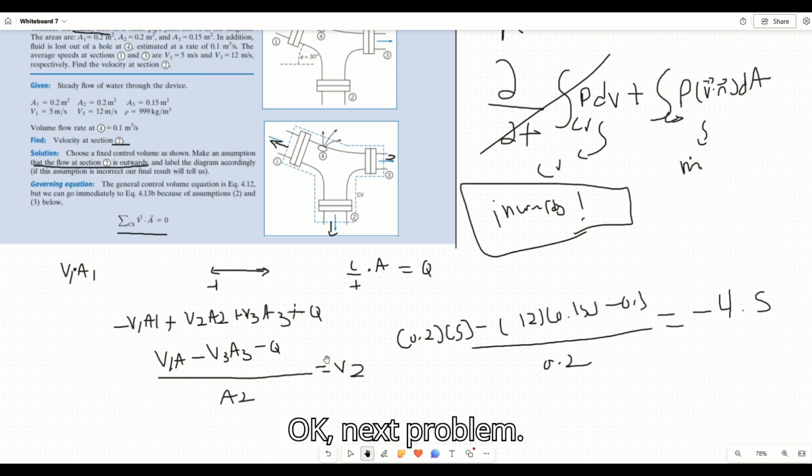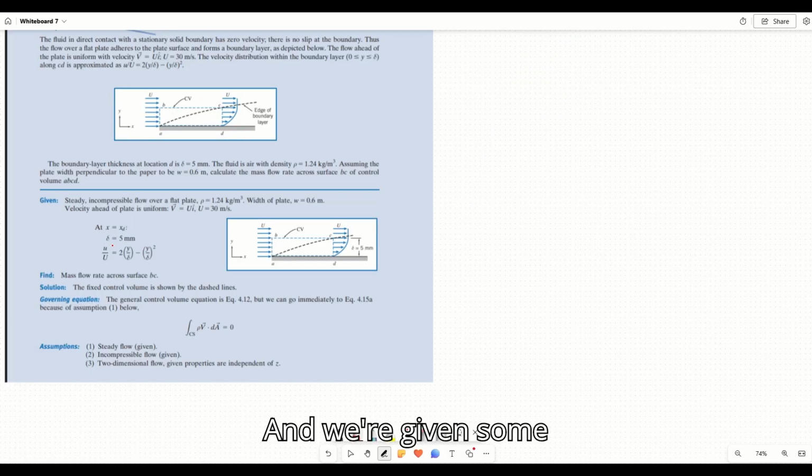Okay, next problem. We're given some equation here that will show us the velocity profile. And yeah, so let's go ahead and solve this problem.